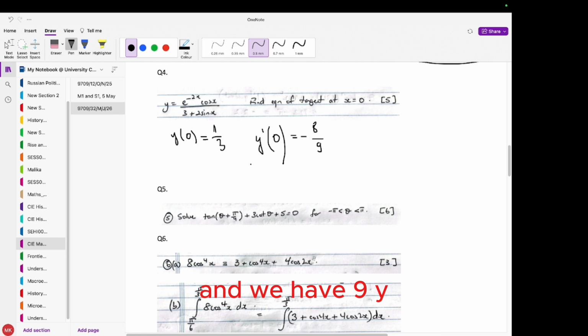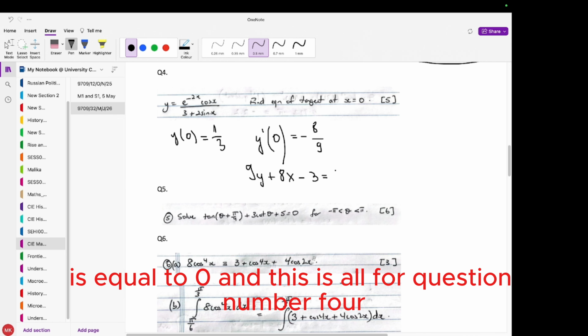And we have 9y plus 8x minus 3 is equal to 0. And this is all for question number 4.